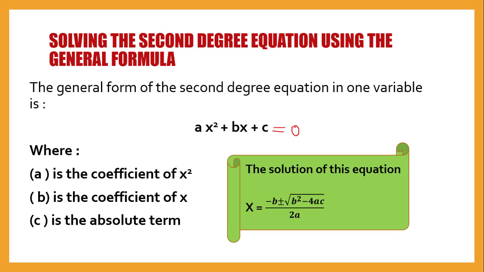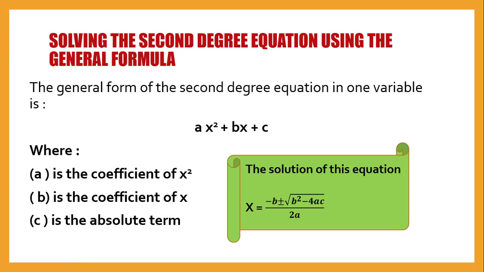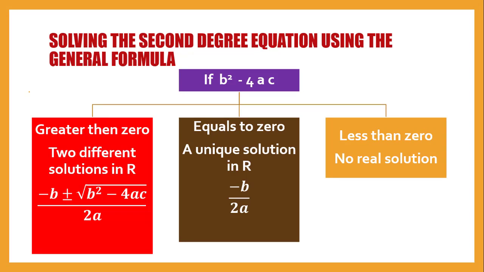Sometimes you have one solution, sometimes you have two solutions, and sometimes you don't have any solution. How can we decide if we have one, two, or no solutions? According to b power 2 minus 4ac. The first step, I look at the equation, determine a, b, and c, then calculate b power 2 minus 4ac.